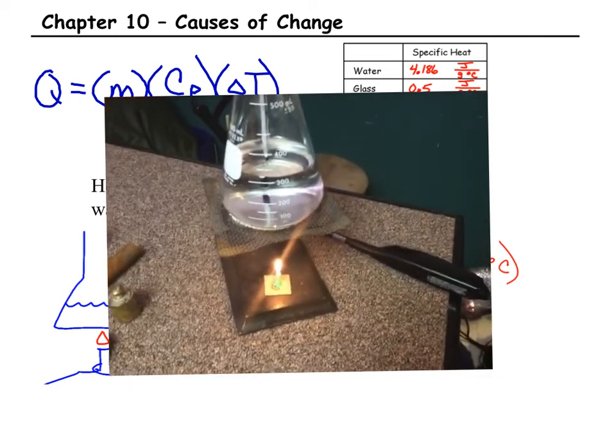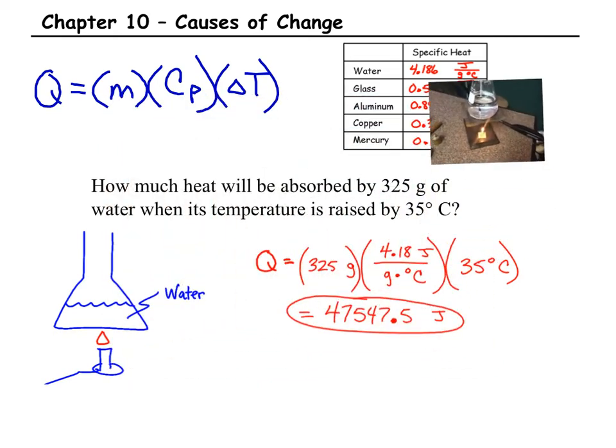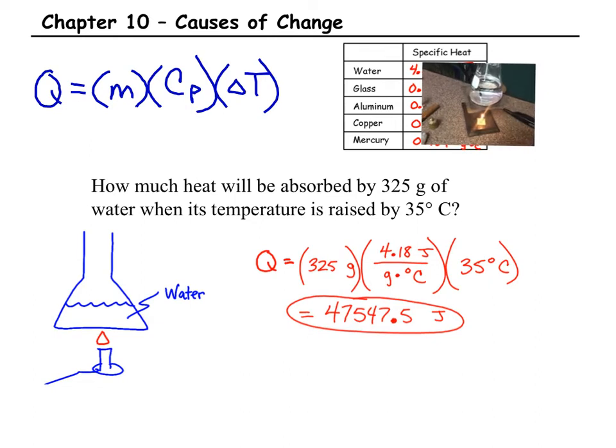So here's our question. How much heat would be absorbed by 325 grams, which in the case of water is equal to 325 milliliters, when its temperature is raised by 35 degrees? Depending upon what temperature it starts at and ends at, its temperature change is 35 degrees.